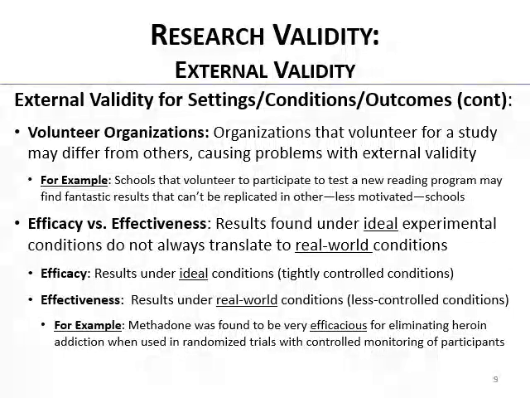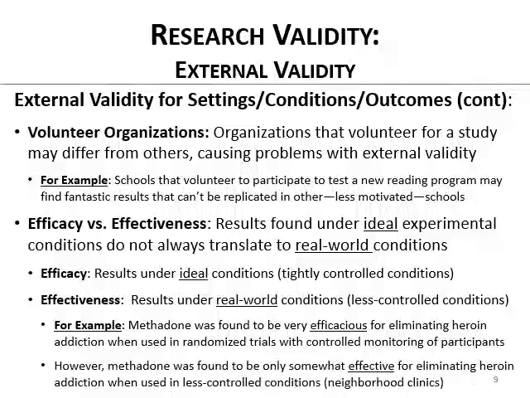So for example, methadone treatment was found to be very efficacious for heroin replacement therapy when it was used in randomized controlled trials. There was tight monitoring, they made sure everyone took their drugs, etc. When they went to neighborhood clinics and tried using methadone treatment, it was much less effective, and they actually had to put additional controls on there because it turned out it had a street value, etc. People were ODing, all sorts of crazy stuff.